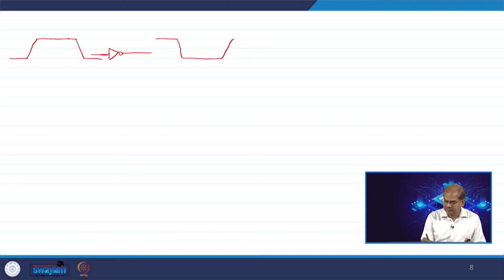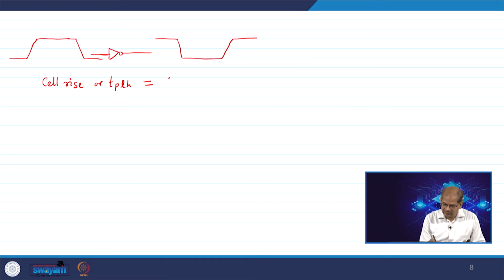So, the delay, the cell rise or Tp low to high, is a function of two most important things.